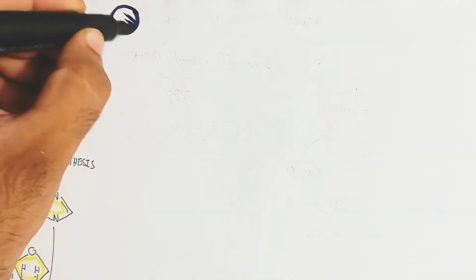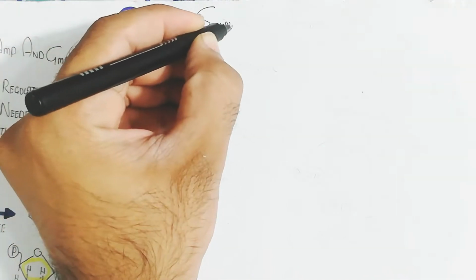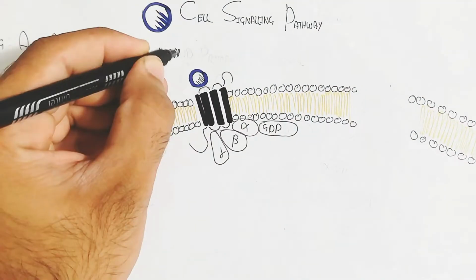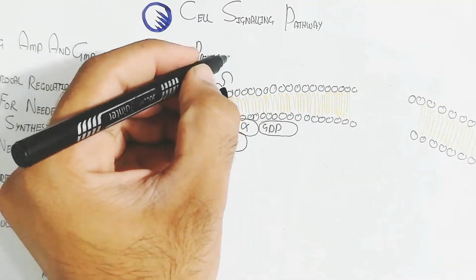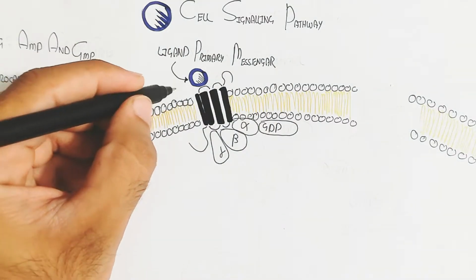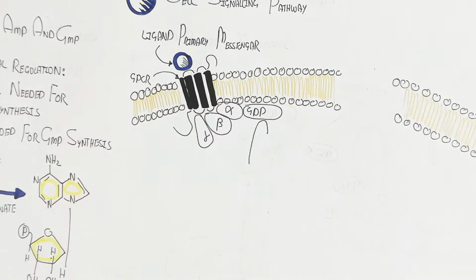Now we will discuss the cell signaling pathway. In cell signaling, a ligand binds with a receptor, in this video a G protein-coupled receptor. The ligand, the primary messenger, binds with the extracellular domain.